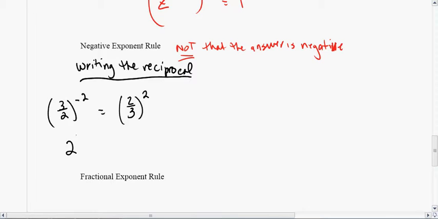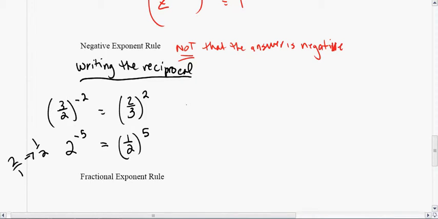So if I have 2 to the -5th power, that means write the reciprocal. Well, what's the reciprocal of 2? You could think of that as 2 over 1, and the reciprocal would be 1/2. So 2 to the -5th is really 1/2, and then we want to change that negative exponent to positive 5. 1/2 to the power of 5.